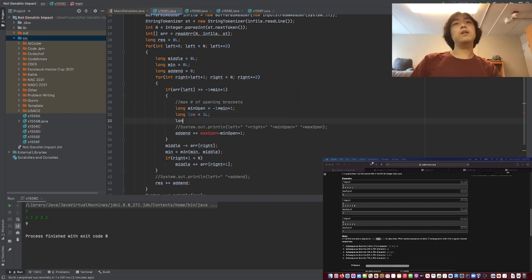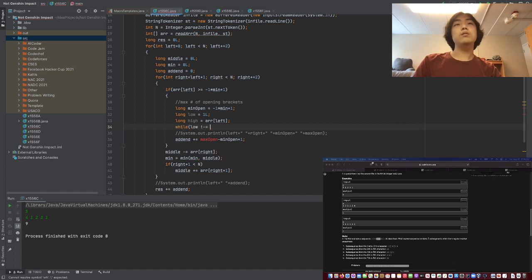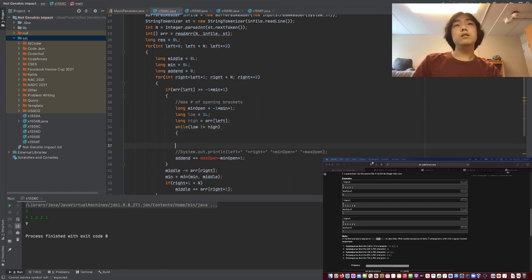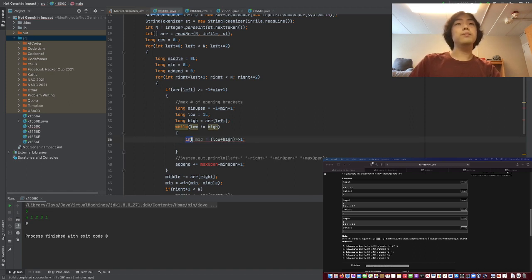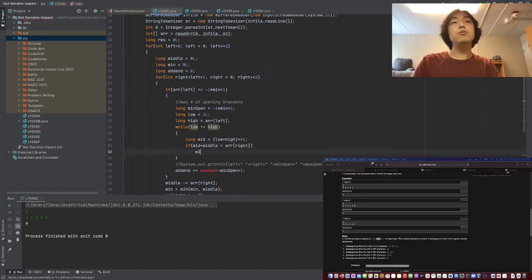Long high is equal to array at left, while low is not equal to high. Basically, long mid is equal to low plus high over 2. If the number of opening bracket sequences that we have plus the middle part is strictly greater than the number of closing brackets in here, then we have too many, so high is equal to mid minus 1.